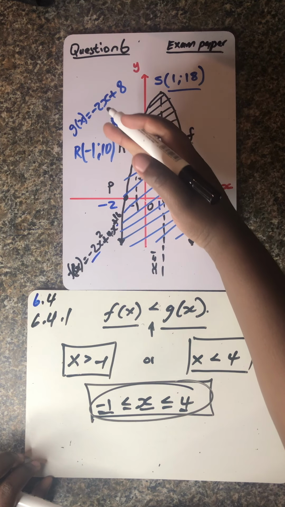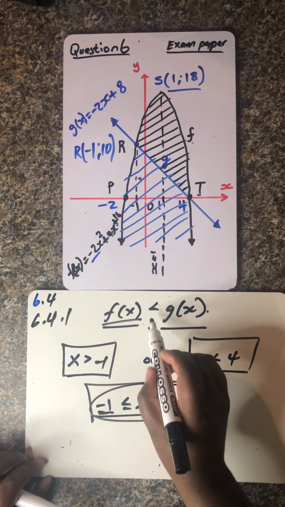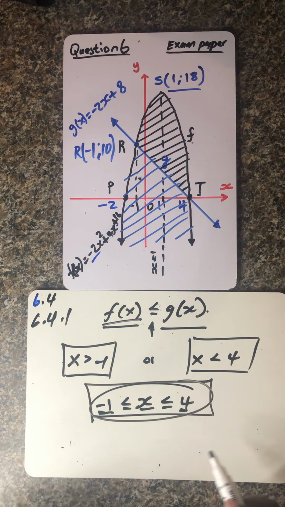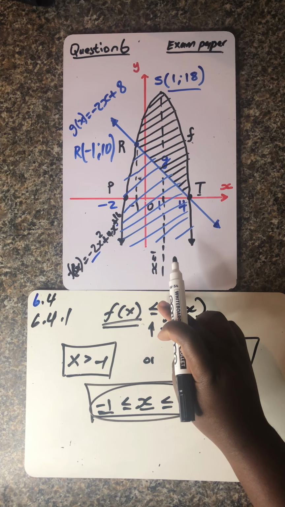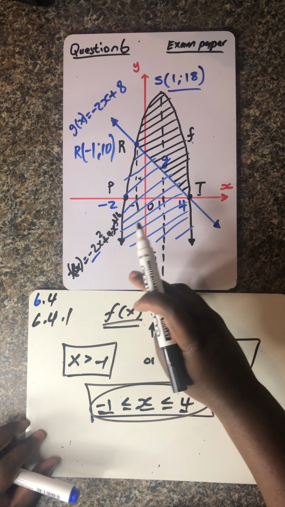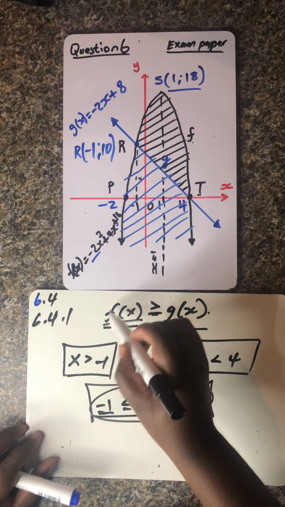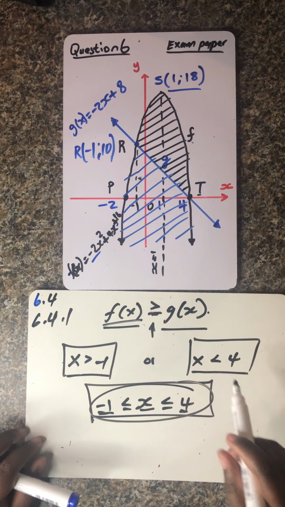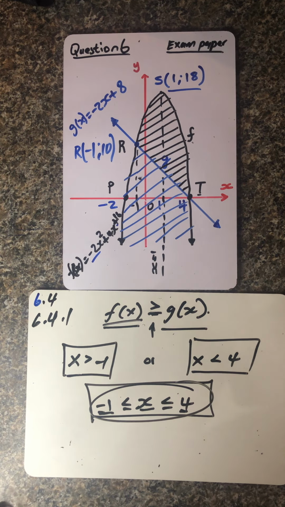That's where you have this graph of f greater than the graph of g, okay? Did I say greater or less? How did I get that sign, ladies and gentlemen? I actually changed it from the question. They said where f of x is greater or equals to g of x. So guys, I hope you understood.